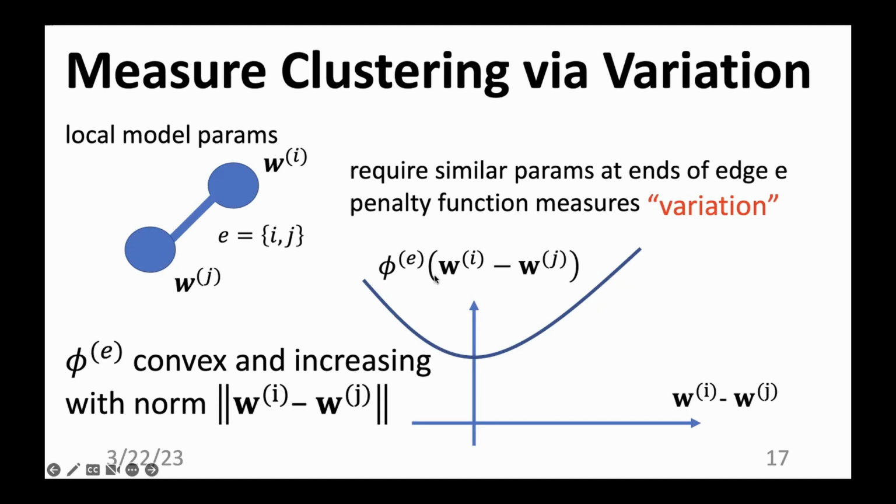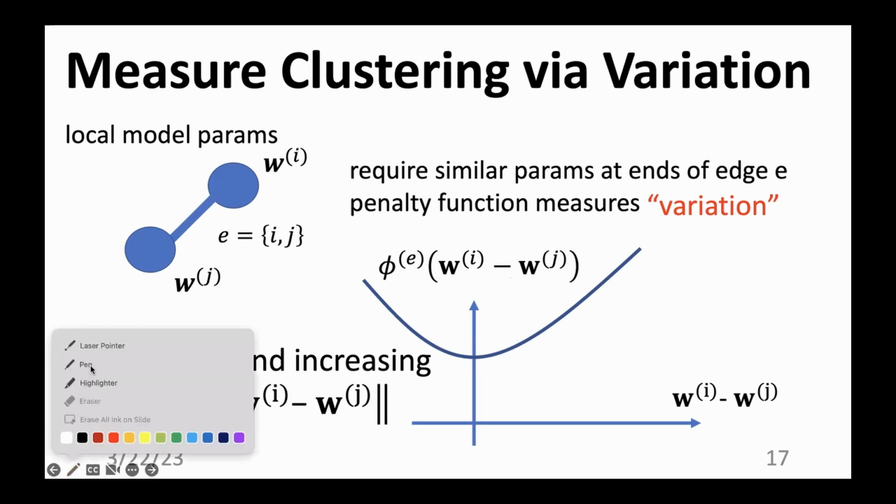And this penalization needs some measure. We need something that we can use as a loss, like the squared error loss. So we need some function that reads in the difference between those two vectors and gives us a number that increases, for example, with increasing norm. So we could use the norm itself, but we might also use the norm squared.